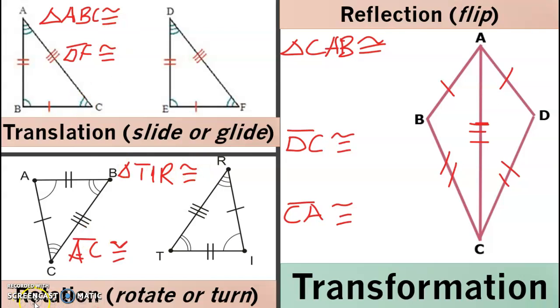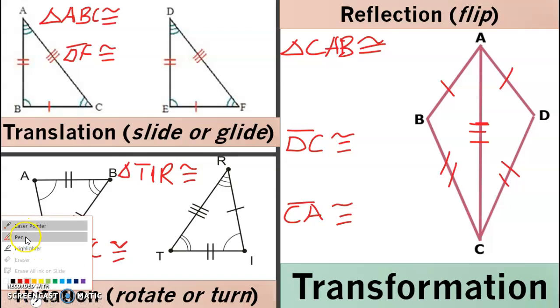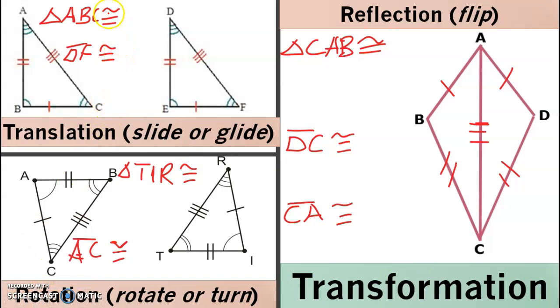So let's do this as an example. If we have triangle ABC, you have to match angle A with D, since it has 3 symbols. So it's going to be congruent to triangle D, and then B has one single mark, so it's going to match with E, DE, and then F. That's the only way you can name them.